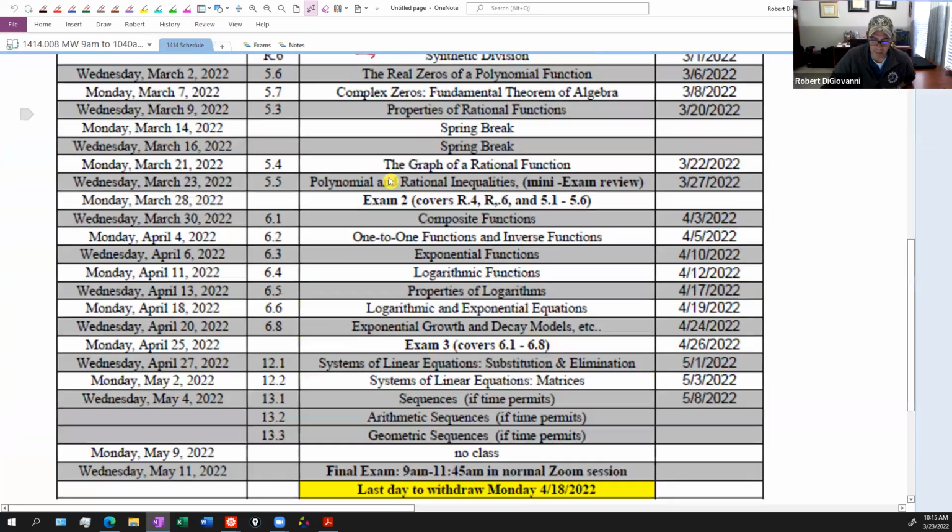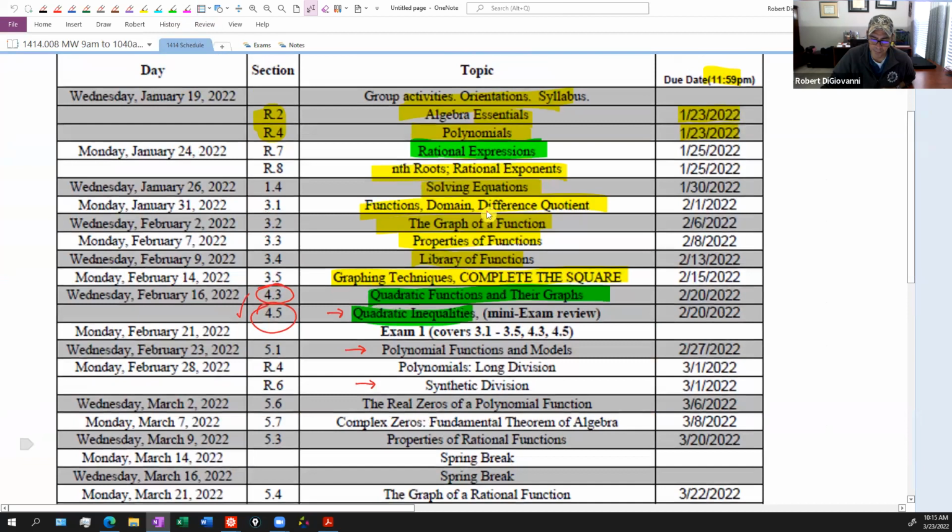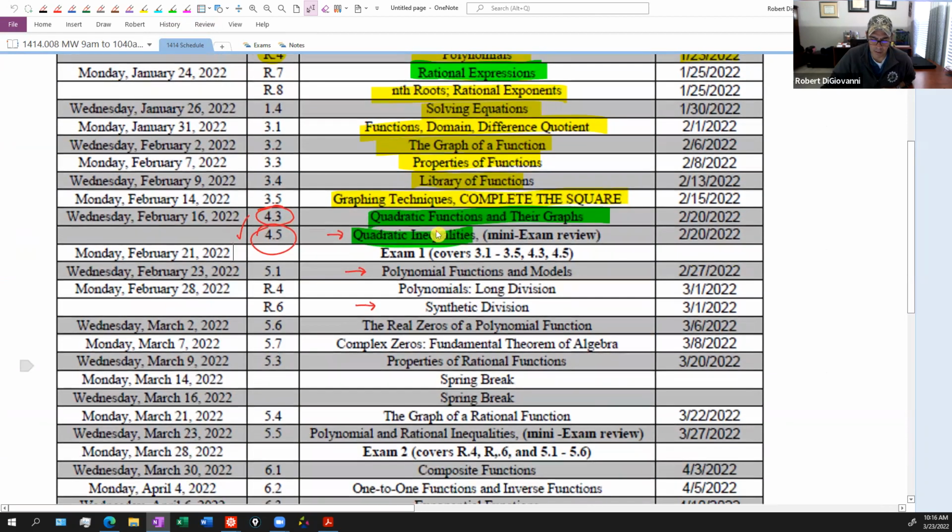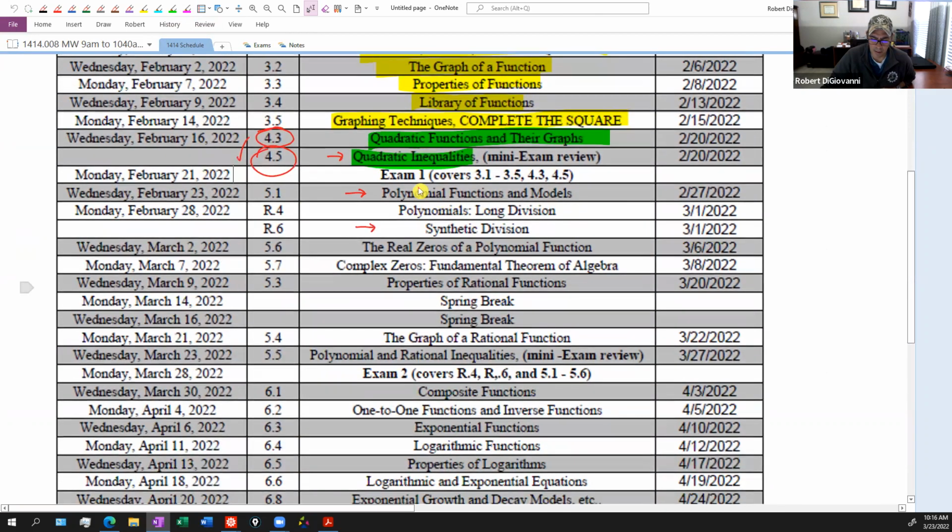Section wise, we're covering basically quadratic functions and their graphs. Quadratic inequalities is kind of included, because polynomial inequalities are basically the same thing.